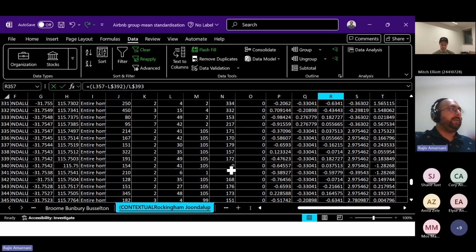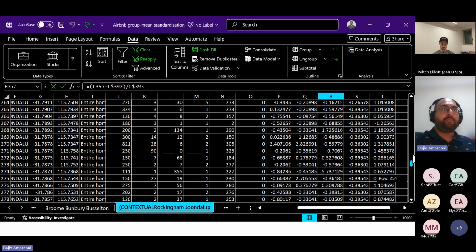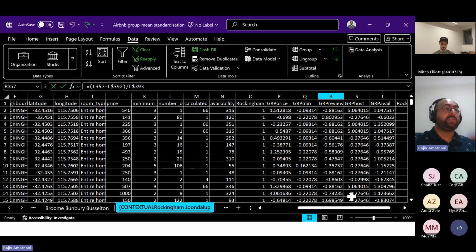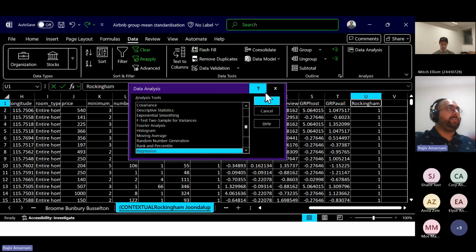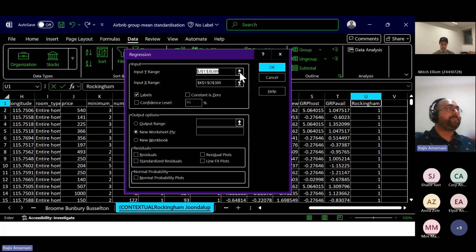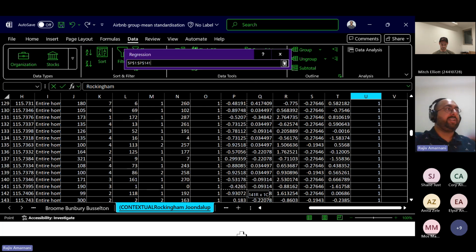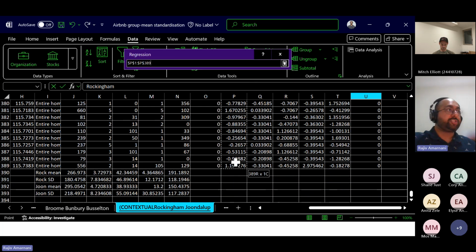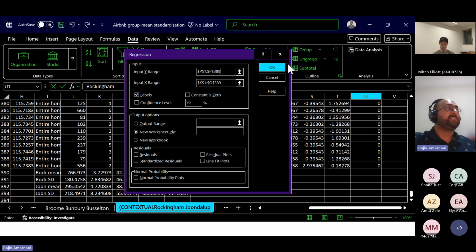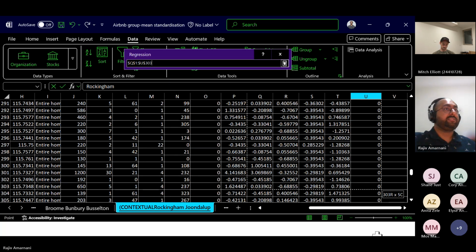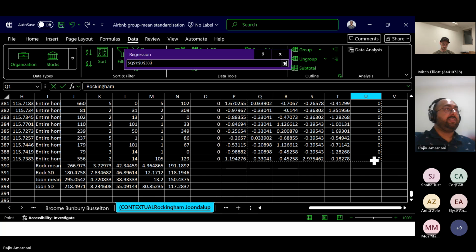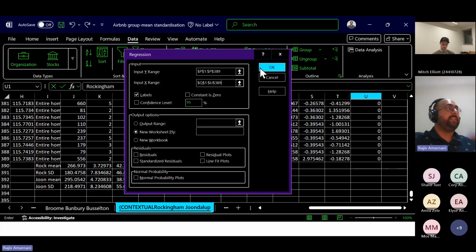Now we can run our regression analysis with this contextual variable, and we wouldn't do this with the Rockingham variable. We keep this unchanged. So we run the regression here. Our y range is price, our contextual standardized price. X is everything else. And there we have it.